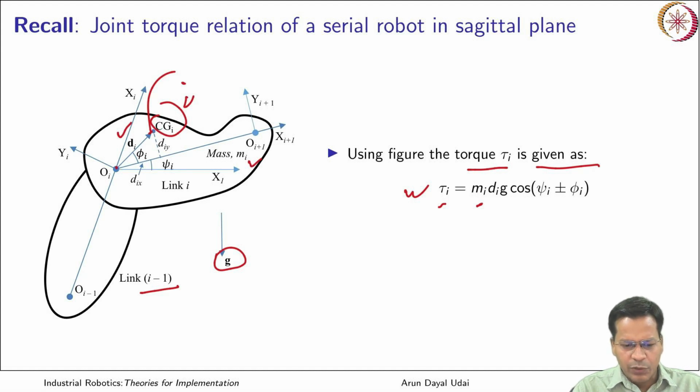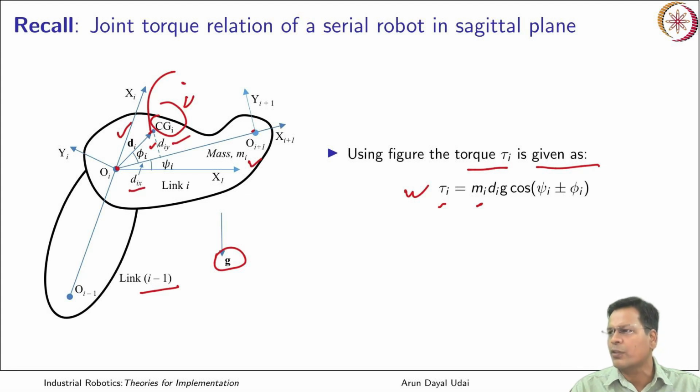So if I connect two axes OI and OI plus 1, you see there are two angles. So psi I is the angle which is defined and that is fixed for the center of gravity location, referred along OI plus 1 with reference to OI plus 1. So this psi I is a constant. So di has two projections, dix and diy.